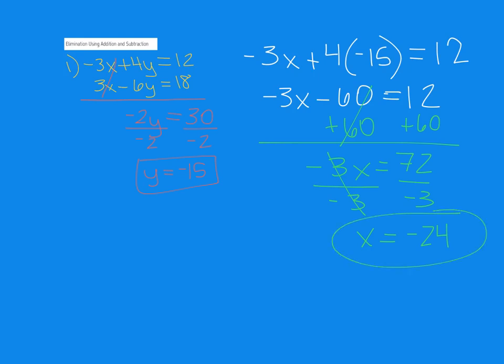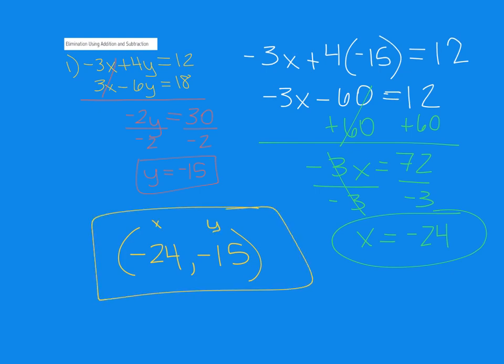So my final answer to this is the coordinate negative 24, negative 15, because this is my x and this is my y. And that's it. If I graph those, that point, negative 24, negative 15, is the point where they would both intersect.